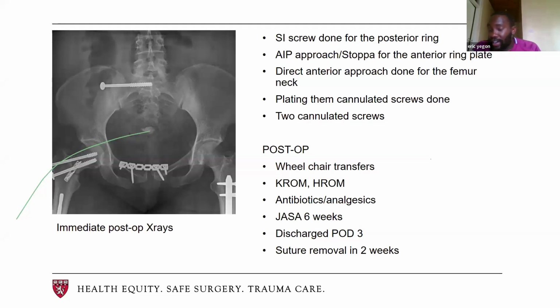And I think everyone knows this is very common to miss, and the literature shows up to 20 to 30% of undisplaced femoral neck fractures are missed. So that would mean 2 or 3 of every 10 people would actually miss this initially.